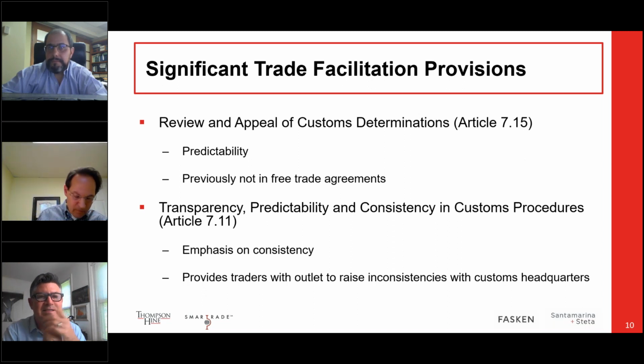Right, all good points. And I guess that goes back to where Alejandro was going with his comment. Alejandro, what you were saying with regard to these new rules of origin, does it make sense to get an advance ruling?